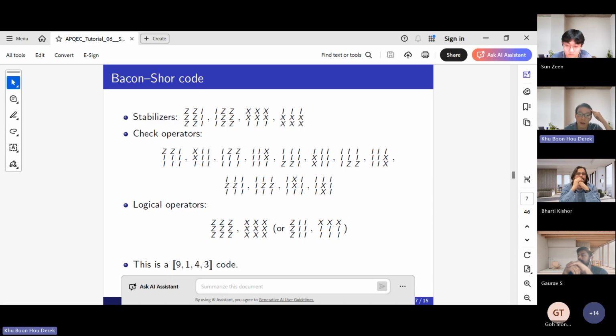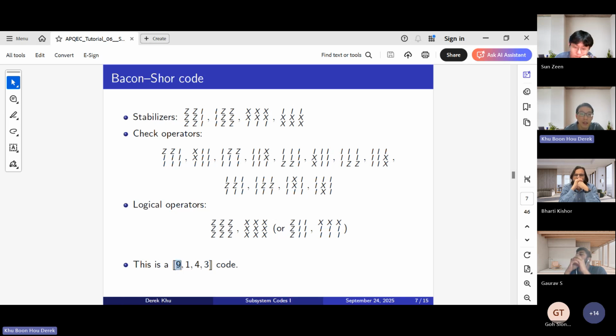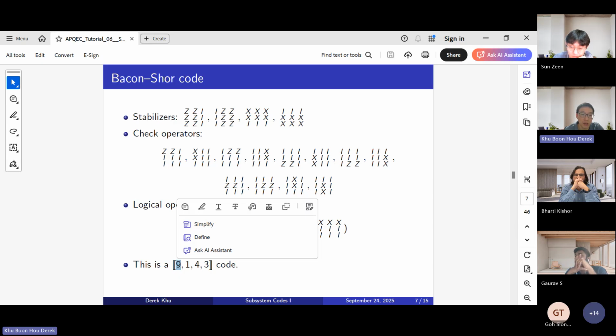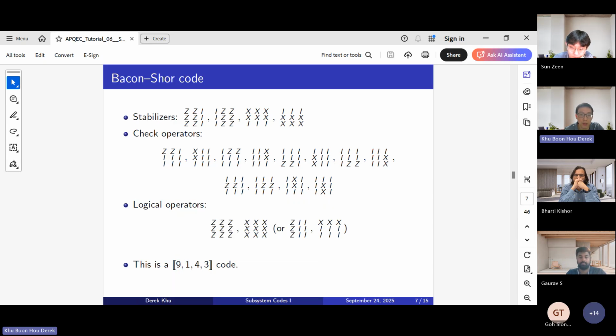What this is saying is that this is what we call a subsystem code, sometimes a subsystem stabilizer code. We have 9 physical qubits, 1 logical qubit given by this pair of logical operators, and then we have 4, which is the number of gauge qubits.